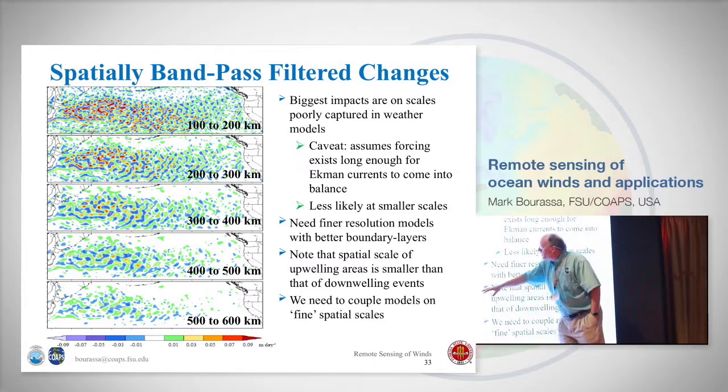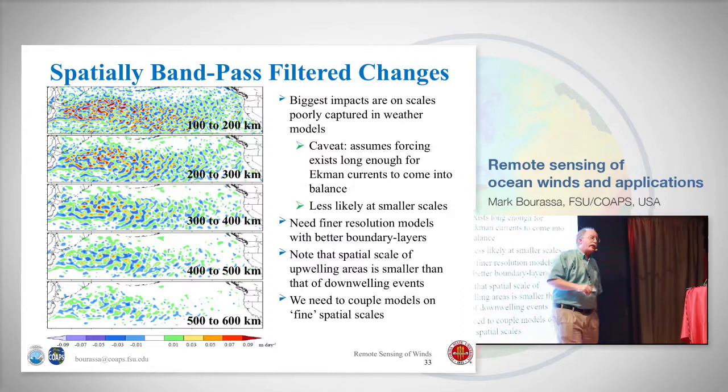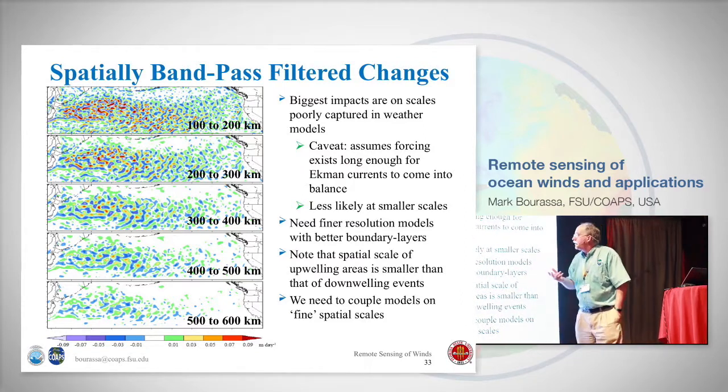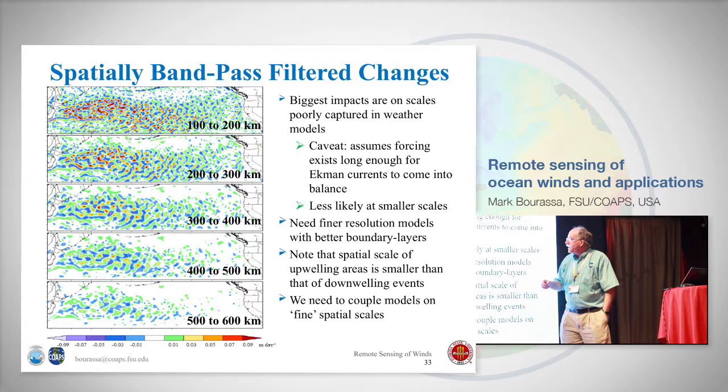And you can see that it's bigger spatial scale than these smaller ones. You can also see that the cyclonic activity is on a bigger spatial scale than the anticyclonic, which is typical because that's what should happen in nature.